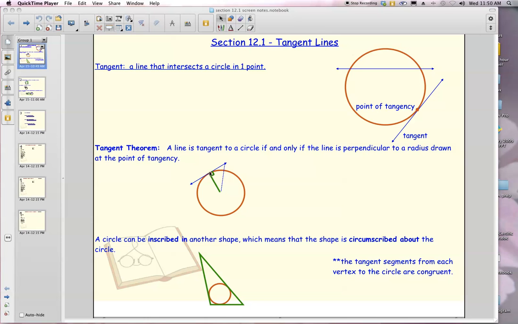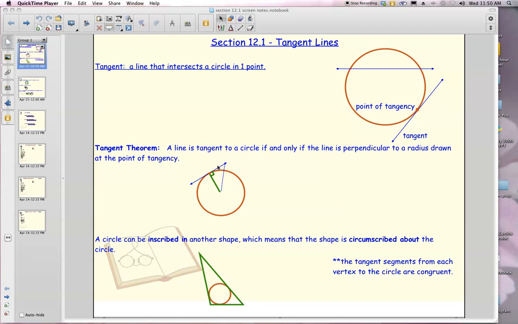So if you draw the radius out from the center of the circle and you draw the line that hits right at that point of tangency, if it creates a 90-degree angle, then it has to be a tangent line, okay?